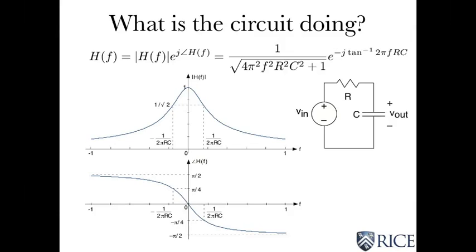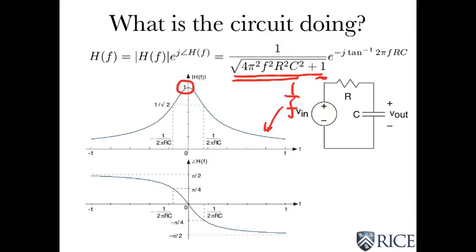So, at 0 frequency, this is an easy calculation. It turns out it has a value of 1. Okay. As f gets very big, this term is a whole lot bigger than that, because of the square root, the magnitude is falling down like 1 over f, going down like 1 over frequency. Okay.